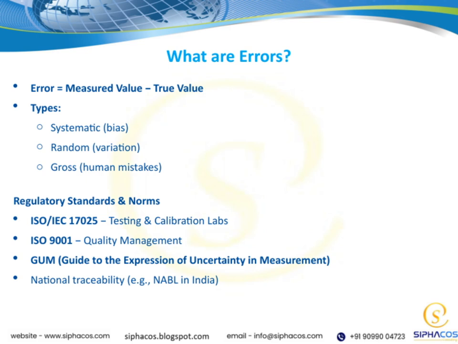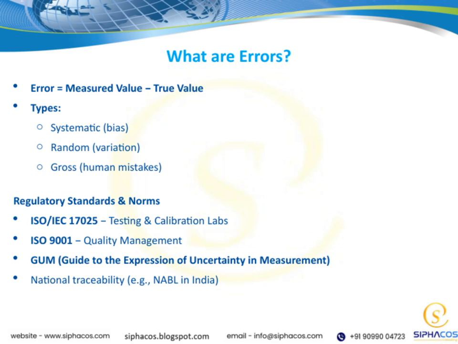Now, why is understanding errors important? Because it ties directly into regulatory standards and norms that ensure measurement reliability and quality. For example, ISO IEC 17025 is a standard for testing and calibration laboratories to maintain competence and consistent results. ISO 9001 focuses on quality management systems across organizations, promoting continuous improvement.